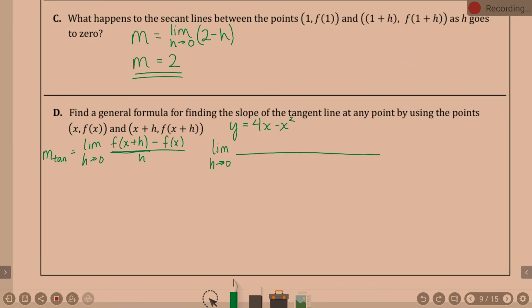So f of x plus h: 4 times x plus h minus, instead of x squared, it's going to be x plus h squared. So that's the f of x plus h minus f of x. Well, what is f of x? That equation right there. I should have written it as f of x equals. So I'm going to say minus, in parentheses, the quantity 4x minus x squared, all over h.